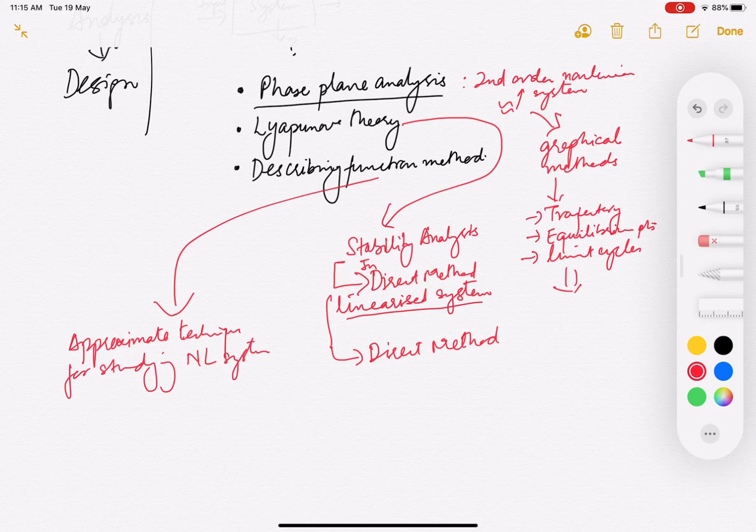Herein, what we basically do is that we approximate the nonlinear system by linear equivalence, but the difference is that we use frequency domain methods that have been perfected in the linear control systems domain. We use those frequency domain methods to analyze the resulting linear equivalence.